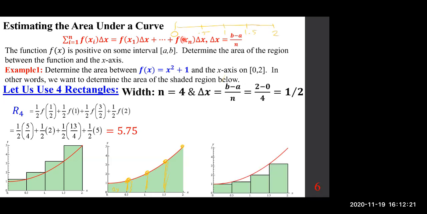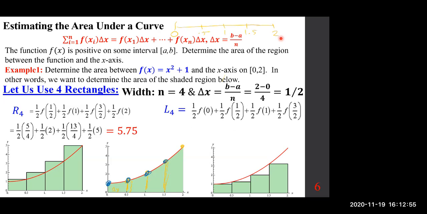Let me use a different color on the graph, which means I'm using this point, this point, this point, this point, and not the last one. Which means if I go to the top line segment again, left endpoints, all of them are good except the last one. I'm not going to use the last one. Okay, so L sub 4 looking like this.